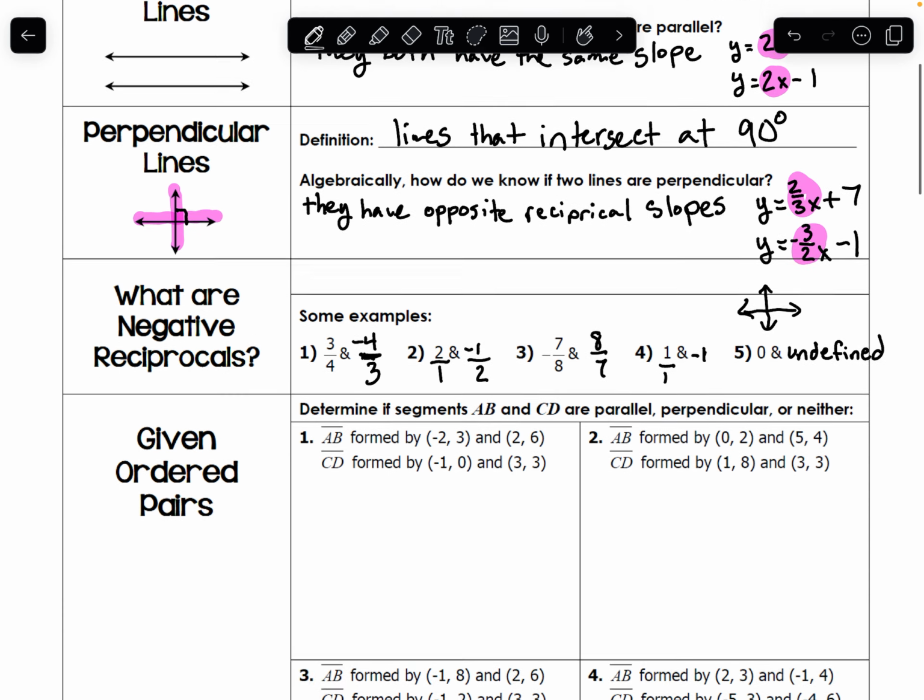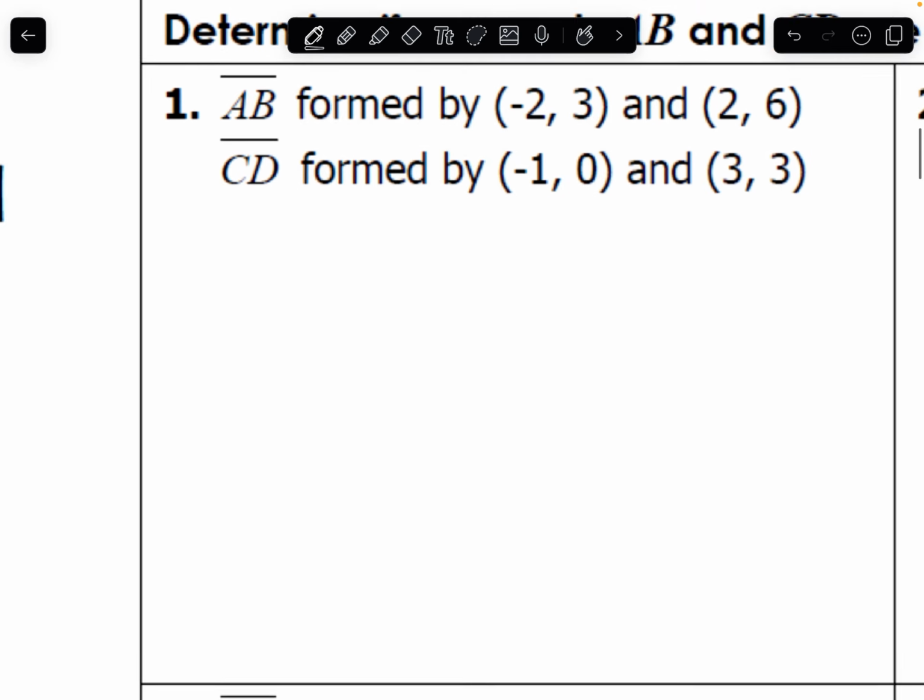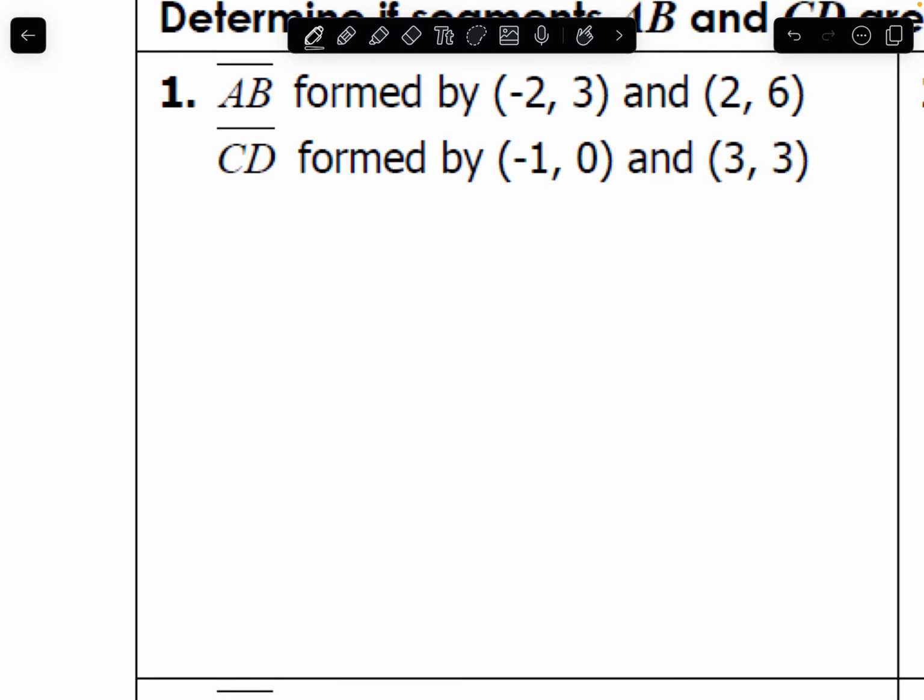If we are given ordered pairs, it says AB is formed by -2, 3 and 2, 6. We have to find the slope, which is y2 minus y1 over x2 minus x1, so we have x1, y1 and x2, y2.